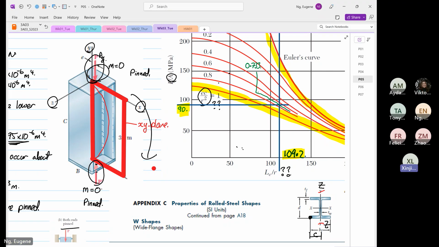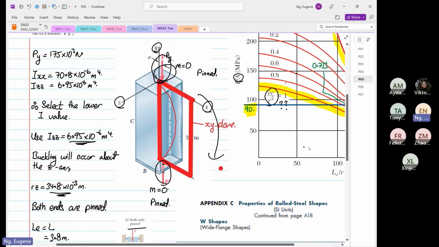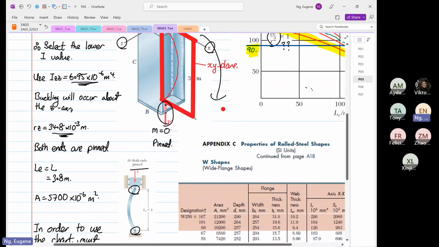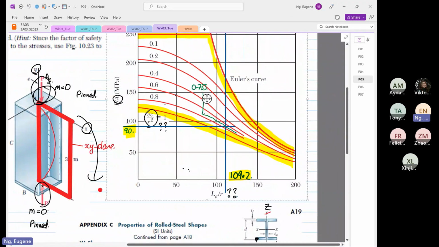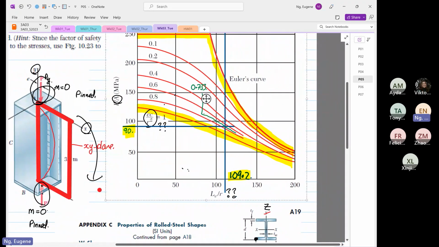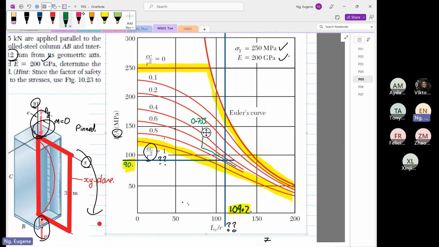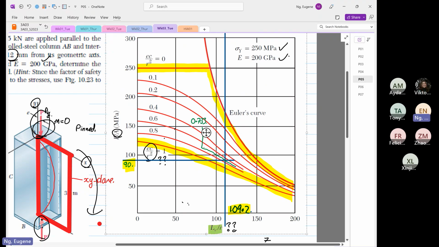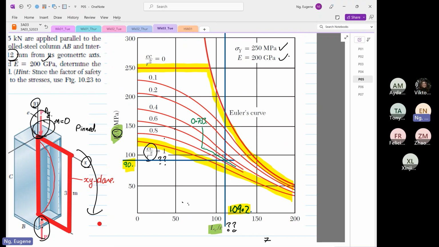Okay, anyone, any question? Tony, can you go over how you use the chart again? Okay. If you look at the chart, you have to see what is on the chart. On the x-axis is LE over R, the y-axis is P over A, and each individual red line is EC over R squared.